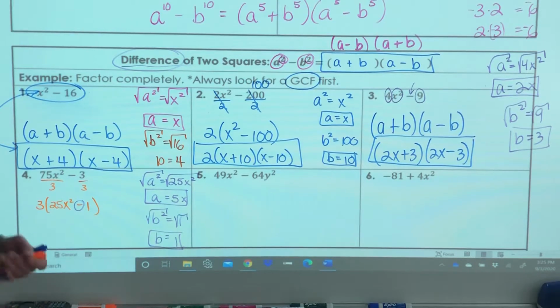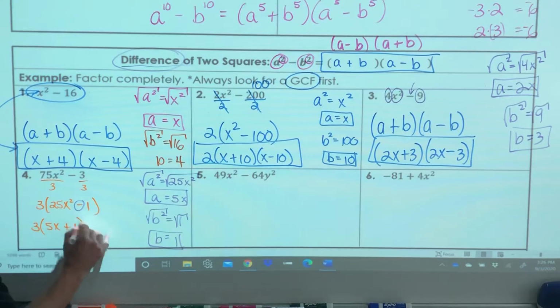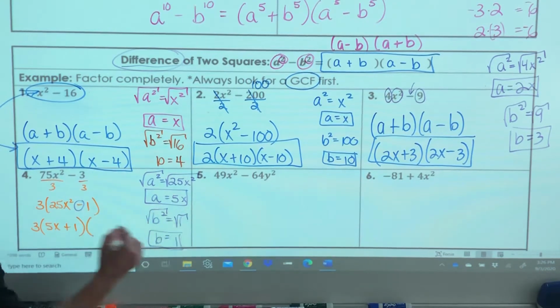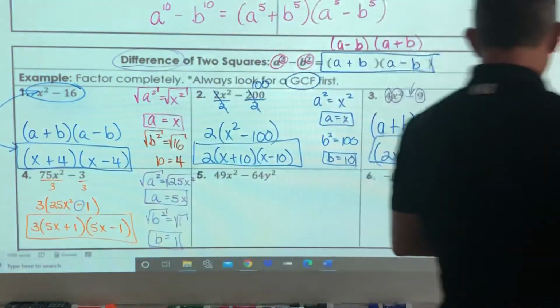Don't do that. Pay attention. Focus. Plug them in: 3, a 5x plus b 1 times a 5x minus b 1. And we're good. Woo! Rolling, rolling, rolling.